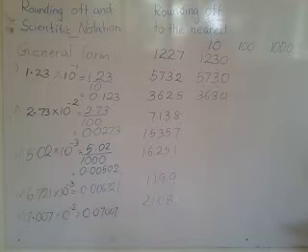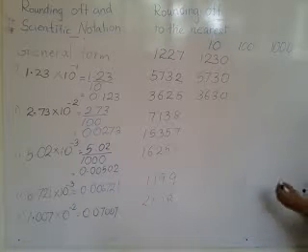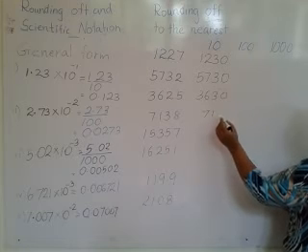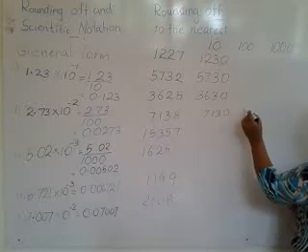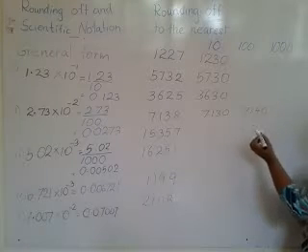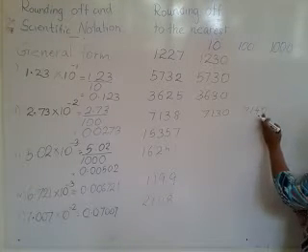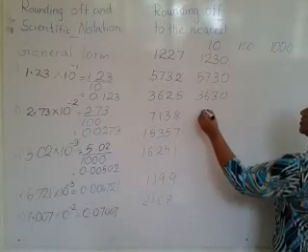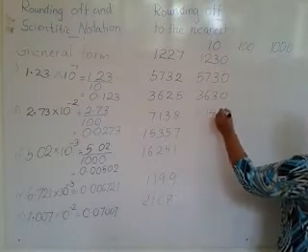Then 7138, it is between 7130 and 7140. Is 30 or 40 closer? 40 is closer. So the answer is 7140.